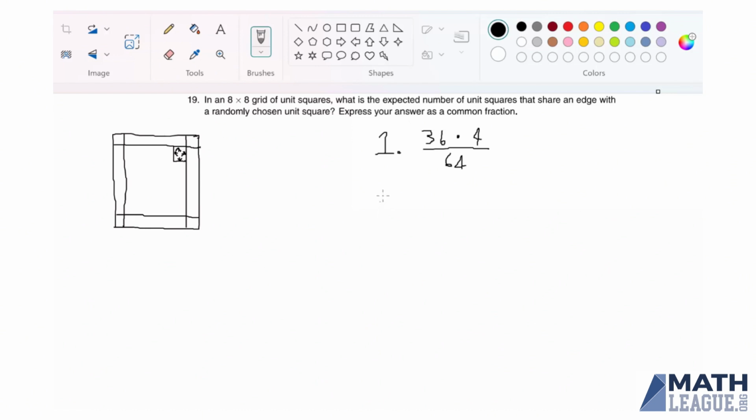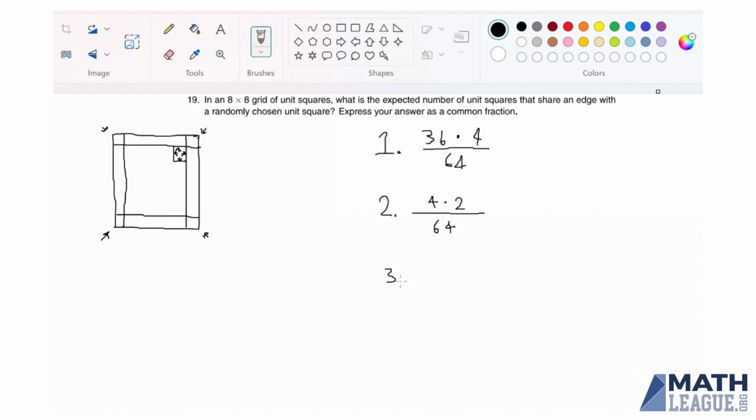For our second case, let's focus on the 4 corners here, here, here, and here. That's a total of 4 squares, and each of them border 2 different other unit squares. And that's out of the total of 64 unit squares.